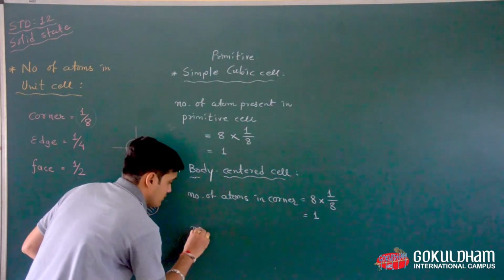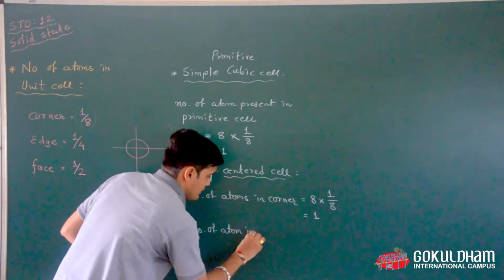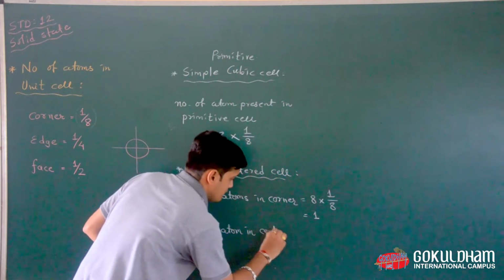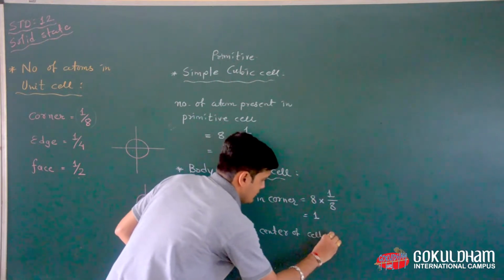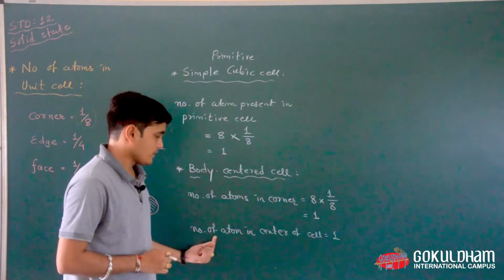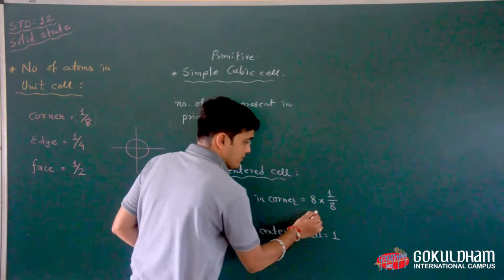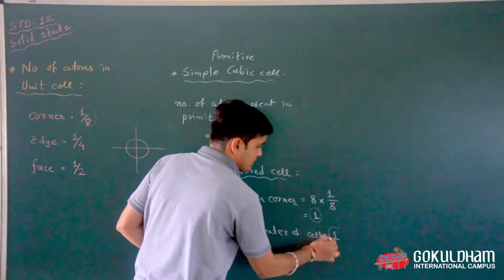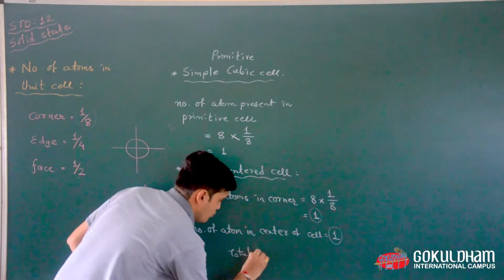And the number of atoms in the center of the cell is equal to 1. There is a whole molecule present in body centered. So the total number of atoms present in body centered is 2.